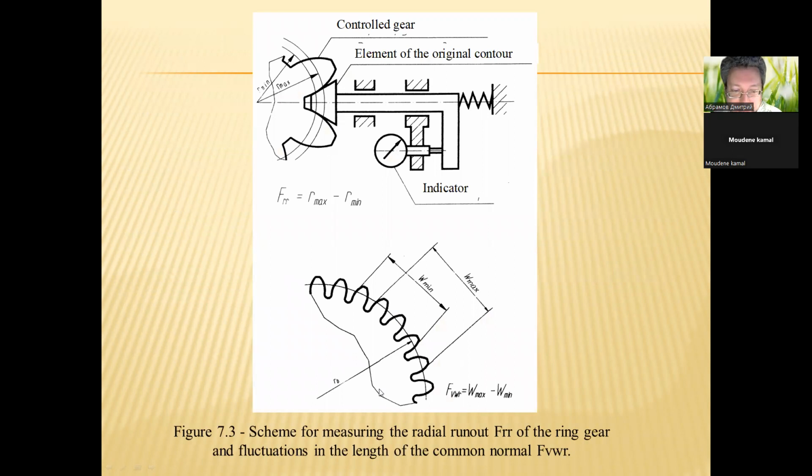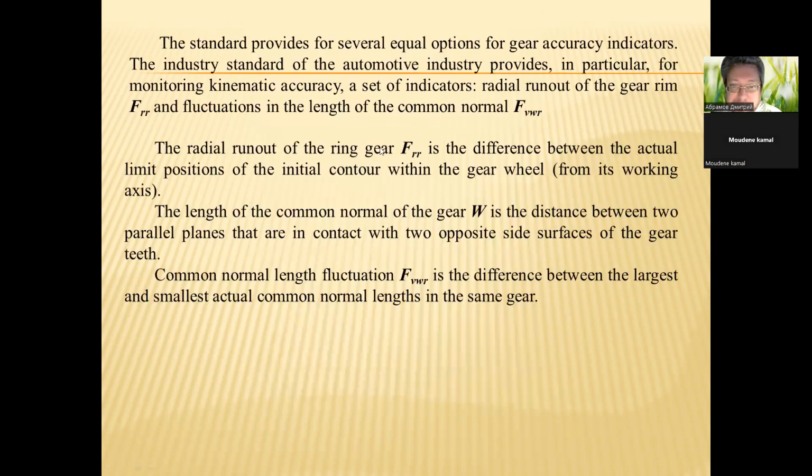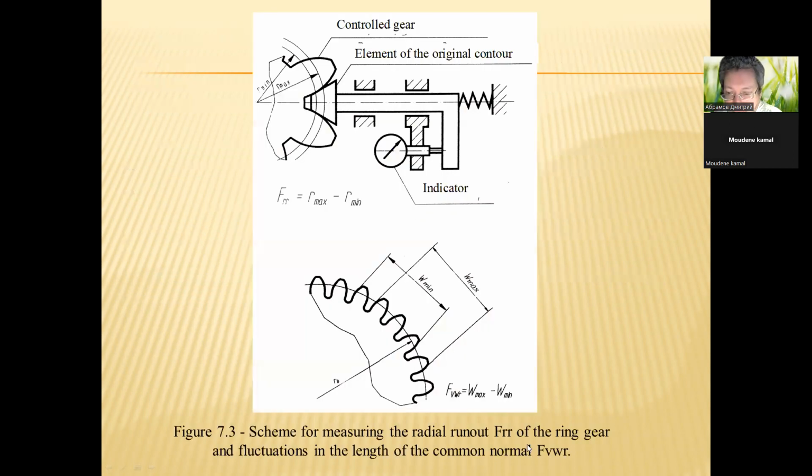In this figure, you can see a scheme for measuring the radial runout, F suffix RR, this parameter FRR, of the ring gear and fluctuations in the length of the common normal, F suffix VWR. FVWR is the difference between W maximum and W minimum. W maximum minus W minimum.